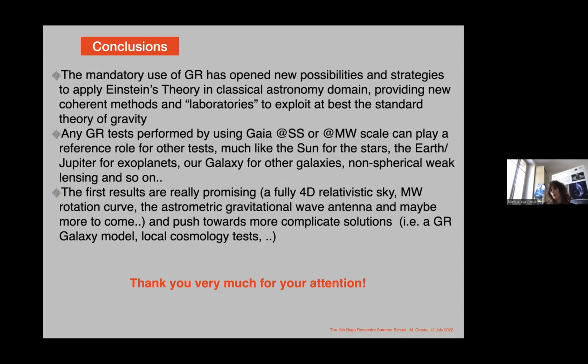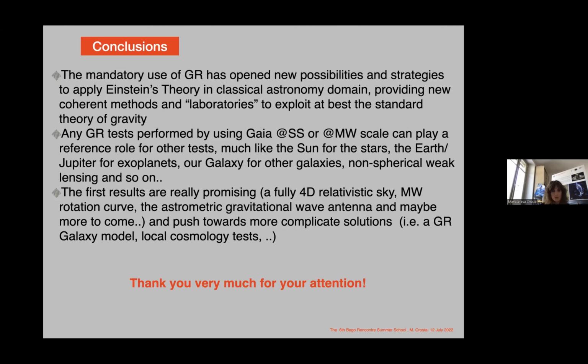So I'm going to finish here because I think that I ran out of my time. I hope that I've convinced you that the mandatory use of general relativity has opened new possibilities and strategies to apply Einstein's theory in classical astronomy. Let me say that before Gaia, this was not possible.